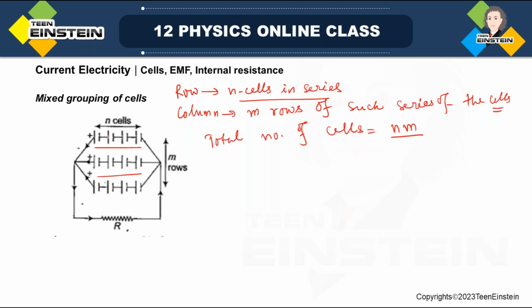So M rows, and each row contains N cells. Each row has an EMF of how much?